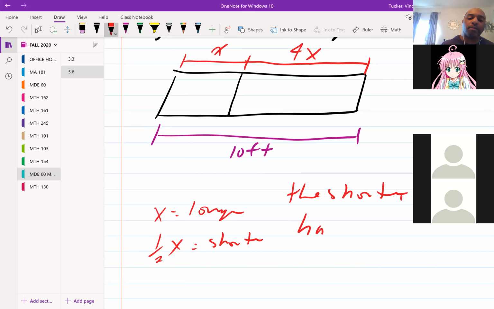Since the shorter is given in terms of the longer, you would let the longer piece be X, and then you would write 1/2 times X.